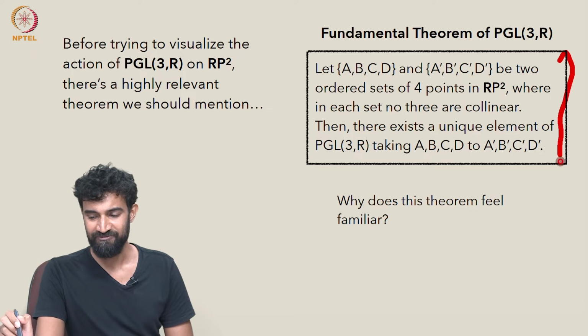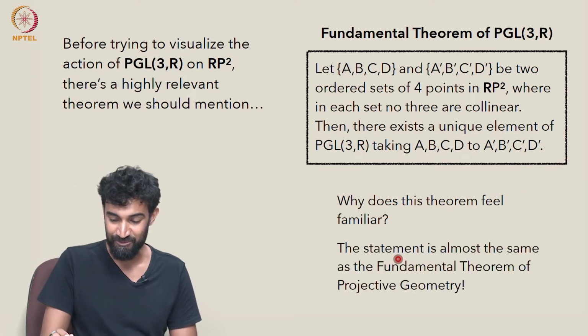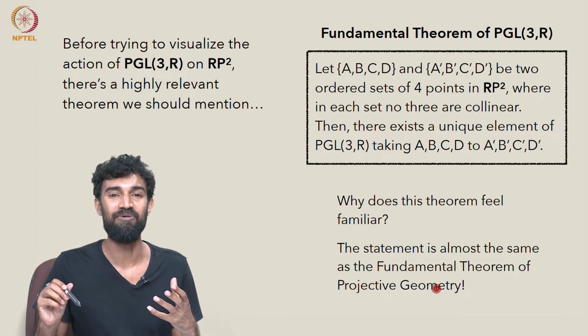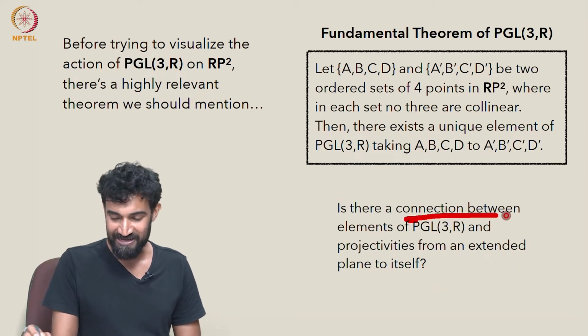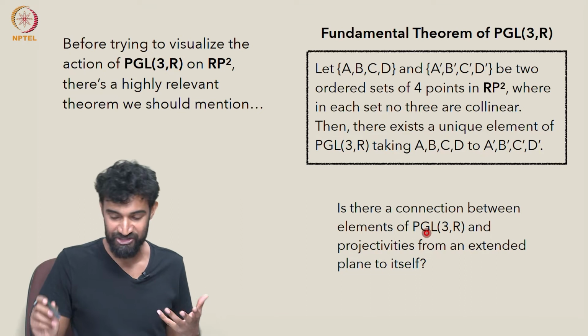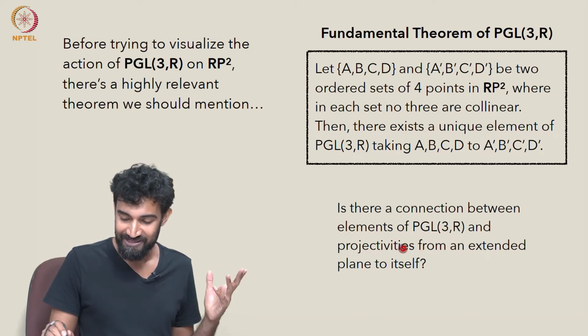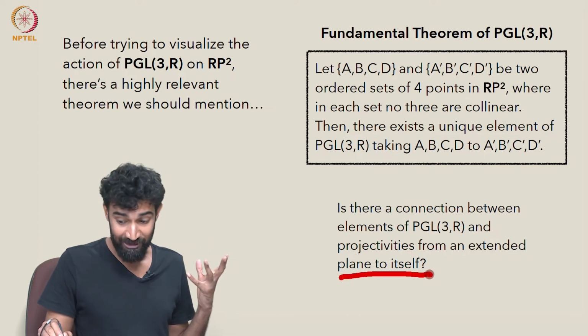And that feels like a familiar statement. This feels like something we may have seen before. And the reason is that this is almost the exact same statement as the fundamental theorem of projective geometry. So, does this suggest there might be a connection between the elements of PGL3R and the projectivities from an extended plane to itself?